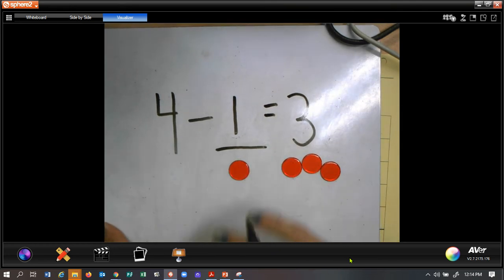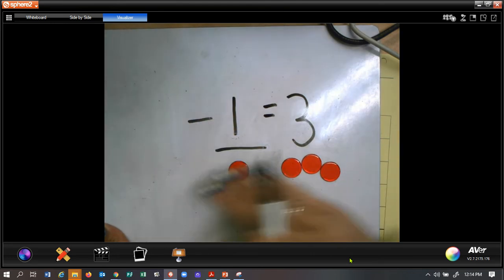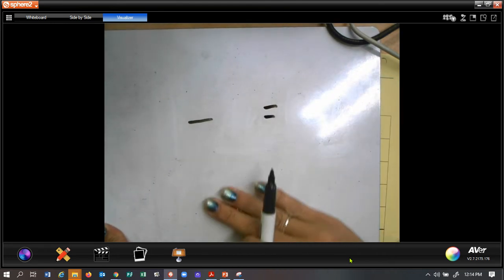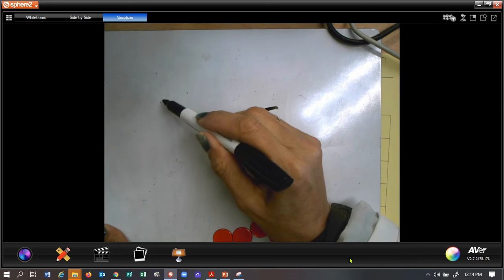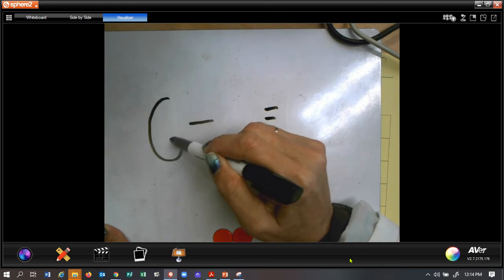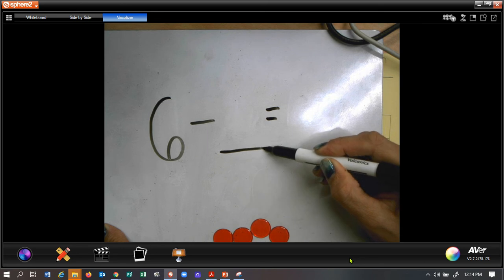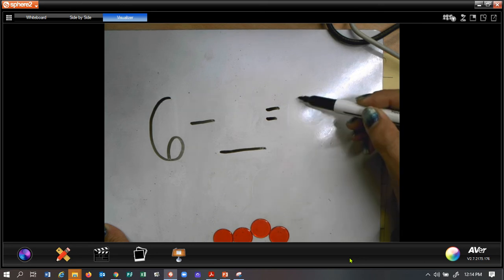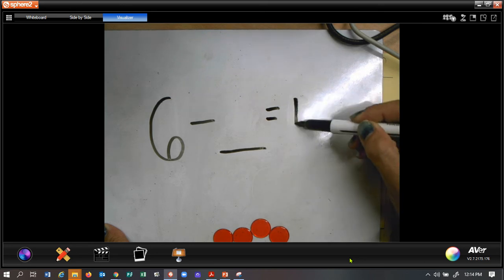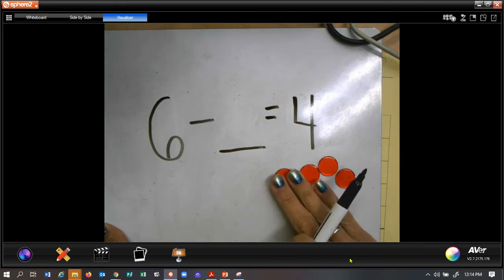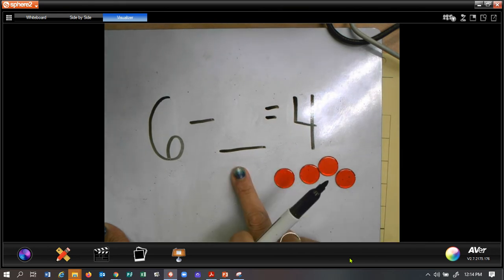Let's practice one of these together and see what your answer is. Let's say this time I start with 6. I take some away, and now I have 4. How many did I take away?